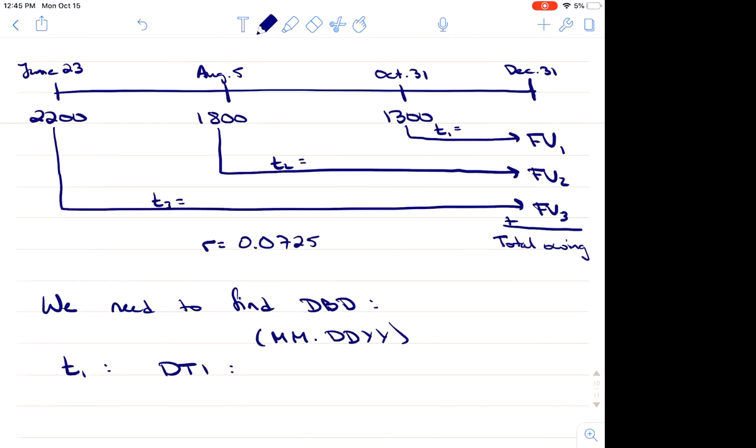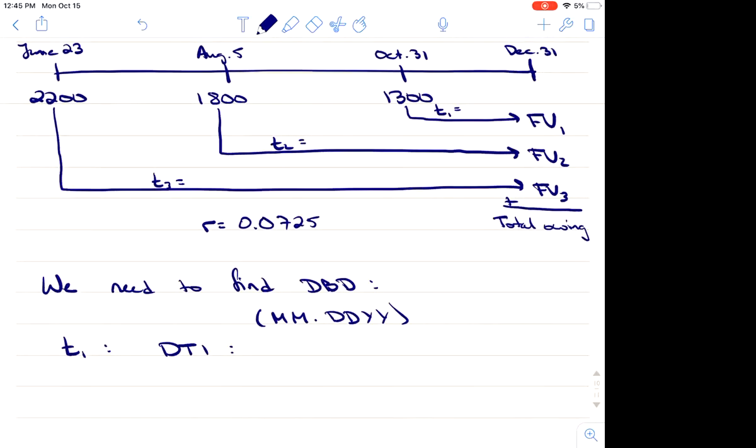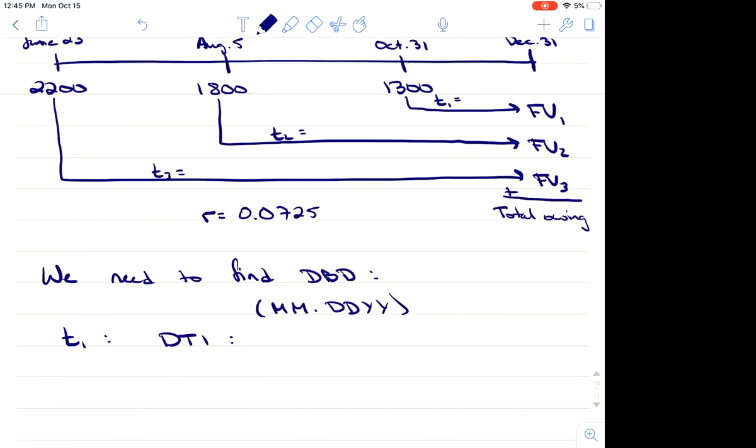Date 1 for T1, that's our last little October 31st to December 31st. October is 10, so 10.31. Let's do this year. Doesn't matter. Or pick your favorite year.